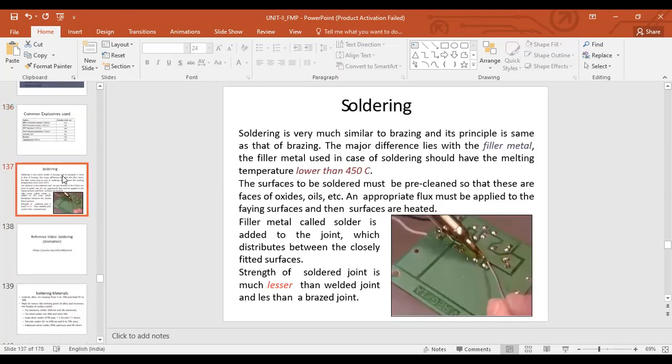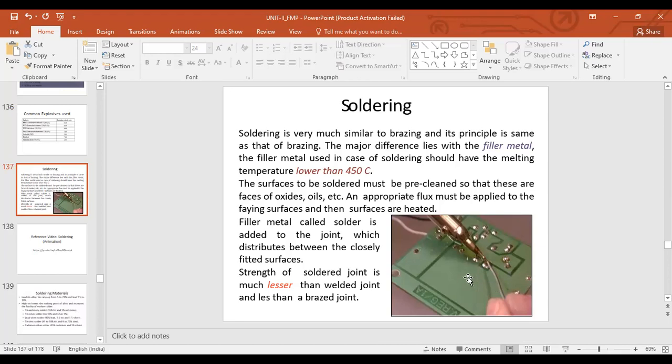So now we'll go for soldering, right? This is also one kind of welding process, as we know. Generally, this is for IC chips, as you can see, integrated chips, right? So to be able to join those miniature components, right, transistors, resistors, we make use of this soldering process, right?